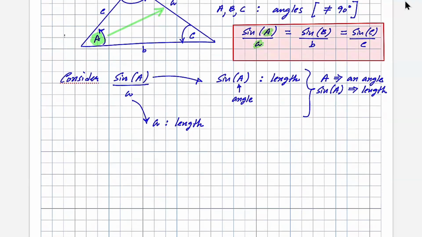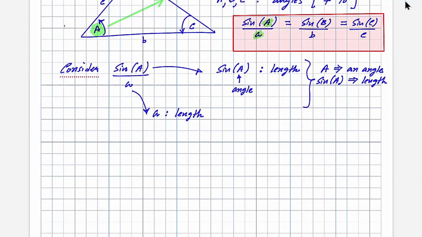Now if you look at sin A divided by a, sin A gives you a number, and a itself gives you a number. So this is now number divided by number. Possible. Example, 0.5 divided by 3.